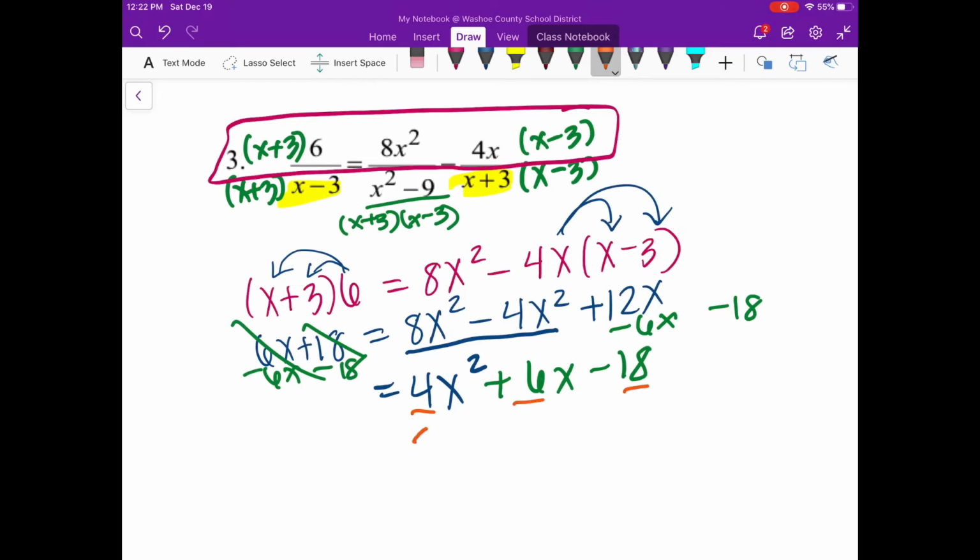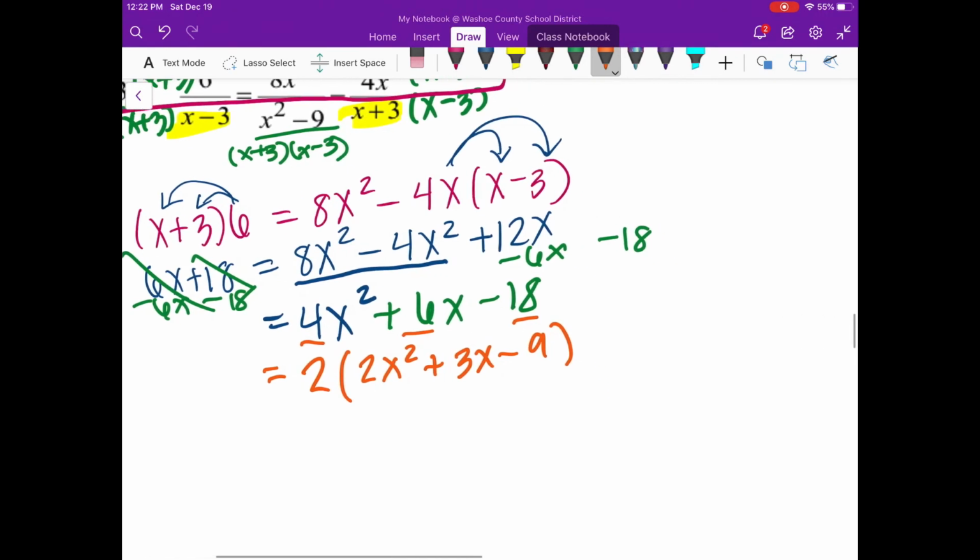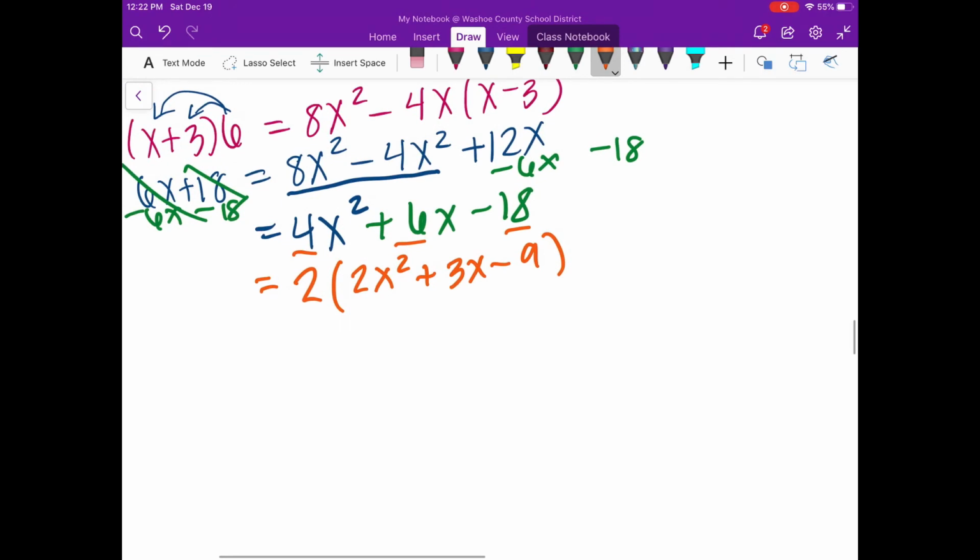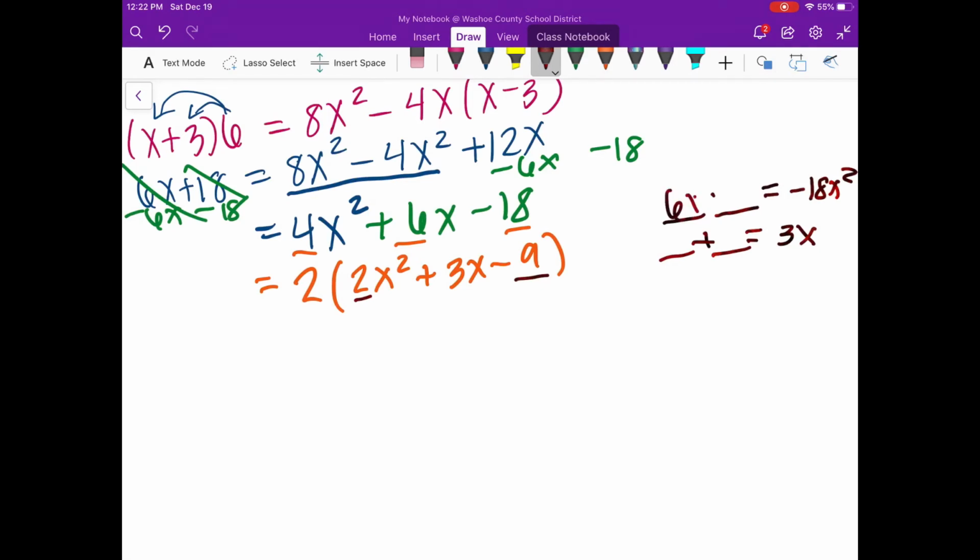Moving right along, I can factor out a 2 from everything. So this is where your factoring skills have to be good. 3x minus 9. Okay. Now, if you don't remember how to factor trinomials like this, please ask us for help. So essentially, what you're doing is you want to multiply these two together. So what two numbers multiply to give you a negative 18x squared, but add up to your middle term, 3x, okay?